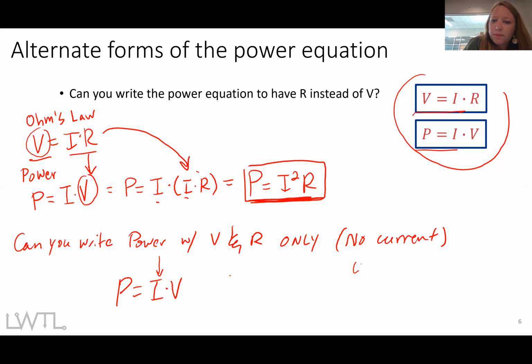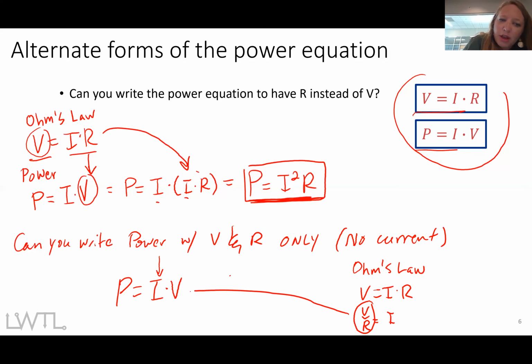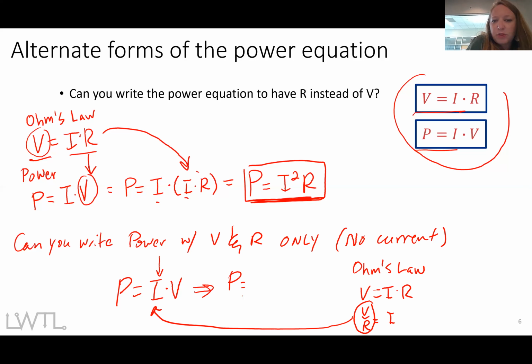Well, I know Ohm's law right here: V equals I times R. If I divide R out, I get V over R is equal to I. So now I can take this V over R and plug that in for I, and I can say P is equal to V over R times V. Then I can simplify that even more and say power is equal to V squared over R. So that's another form of the power equation. In this case, maybe you have voltage and resistance and you don't know anything about current. Well, you can still find power.